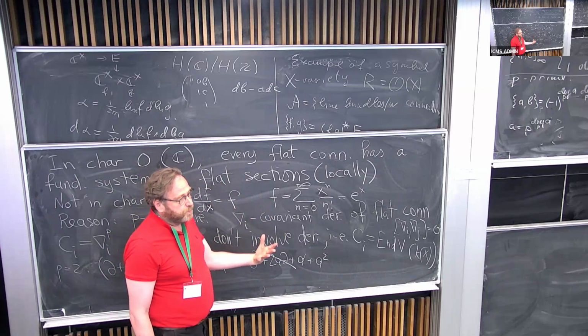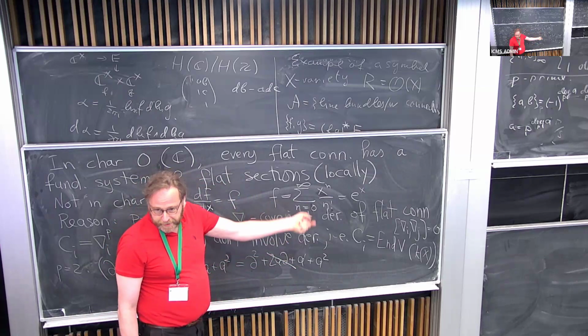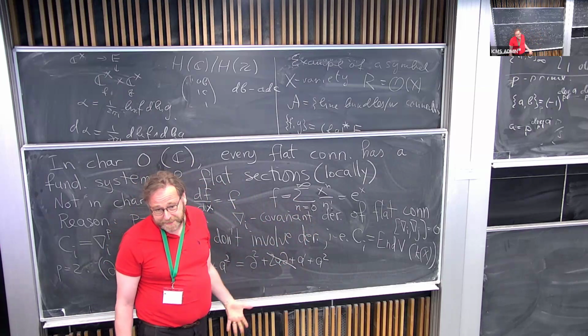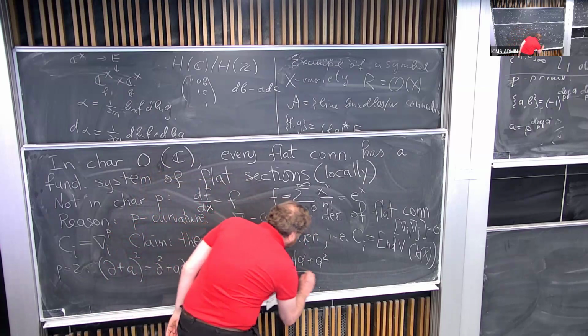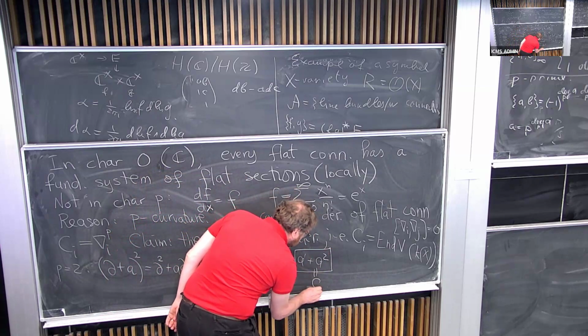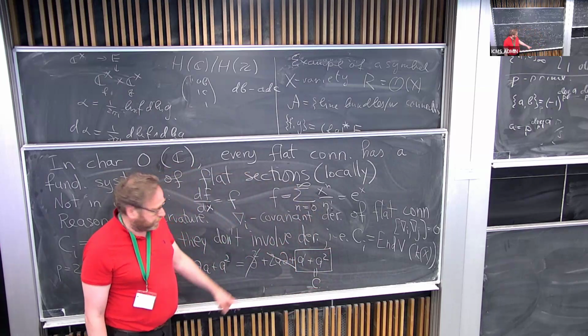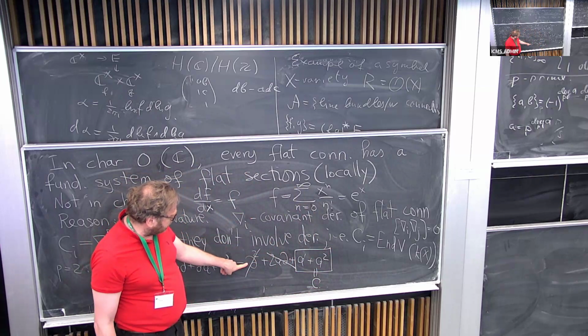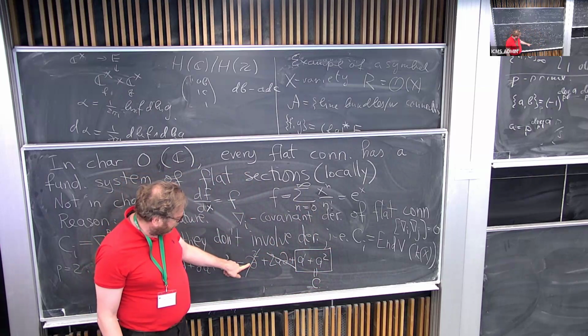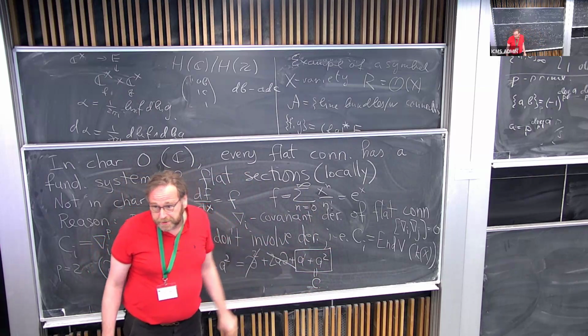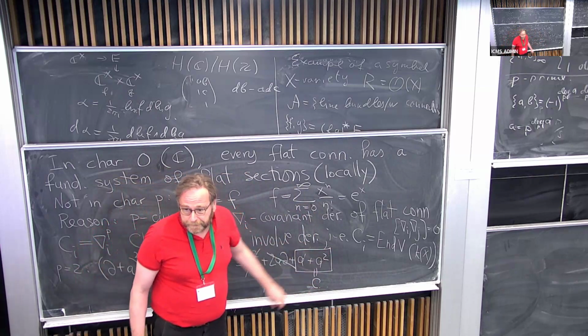The second derivative of x to the n is n times n minus 1 times x to the n minus 2, and n times n minus 1 is always even. So what you are left with is this, and this is exactly this p-curvature. And it has no derivatives. So not only the largest term, D squared, or D to the p in general, goes away, but all the intermediate terms go away except for the last.